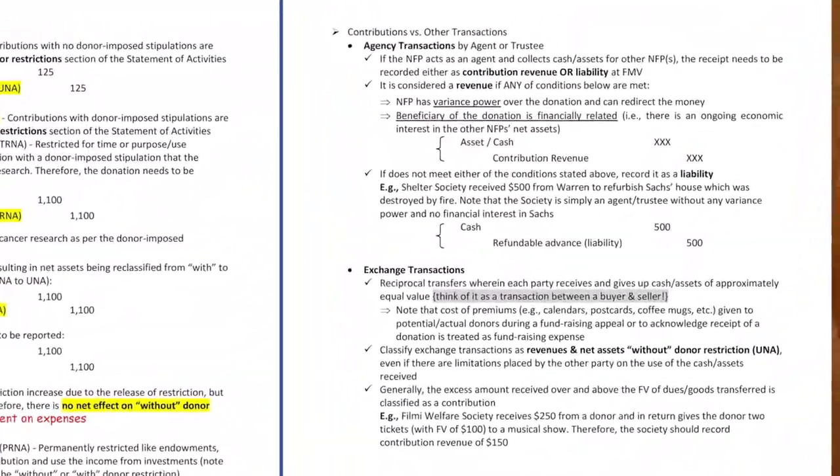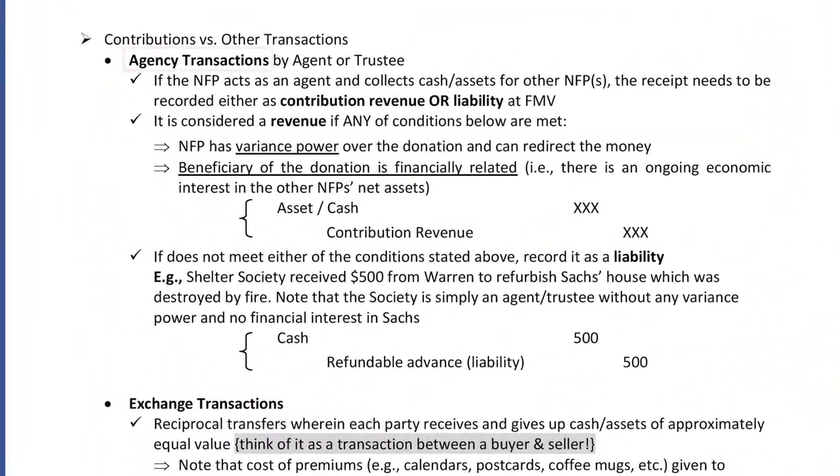Get to page 57 and put a box around agency transactions. Now, if the not-for-profit acts as an agent and collects cash or other assets for other not-for-profits, the receipt needs to be recorded either as a contribution revenue or as a liability at fair market value. It's considered revenue if any of the below conditions are met. The first one, the not-for-profit has variance power over the donation and can redirect the money.